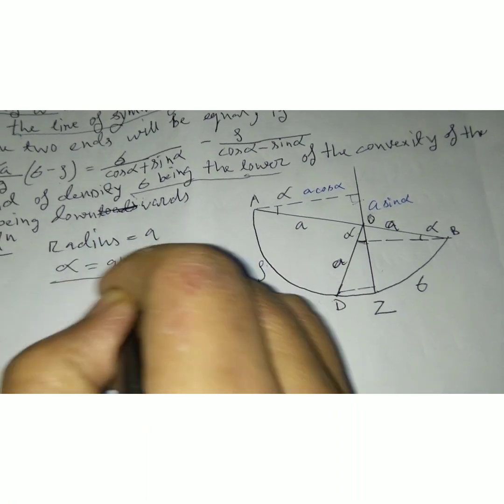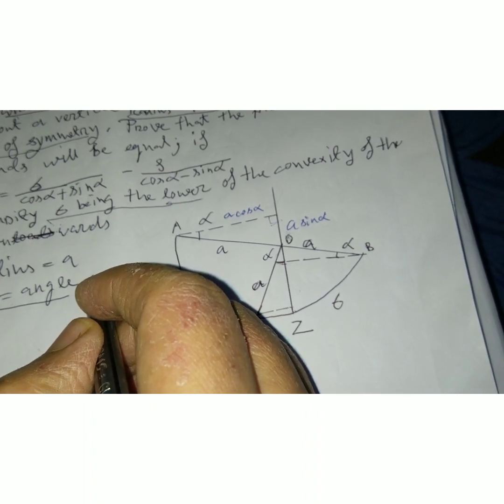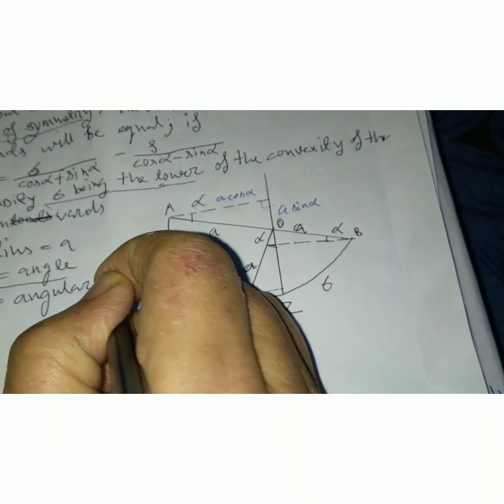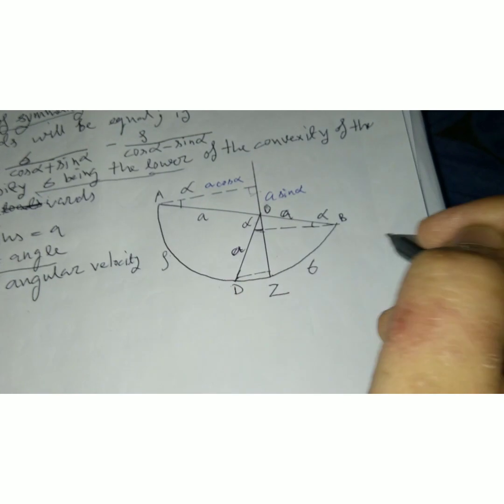It is also given that alpha is the angle, the fluids do not mix and the tube is rotated. This is also given. Omega is equal to the angular velocity.